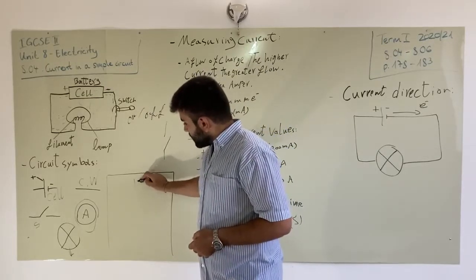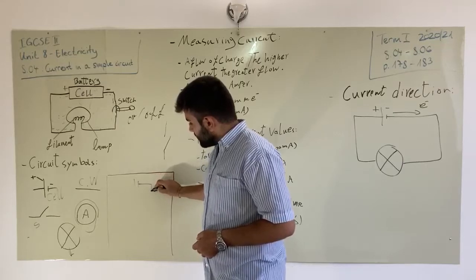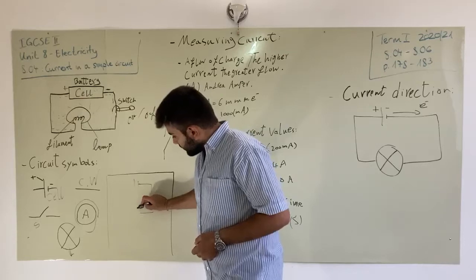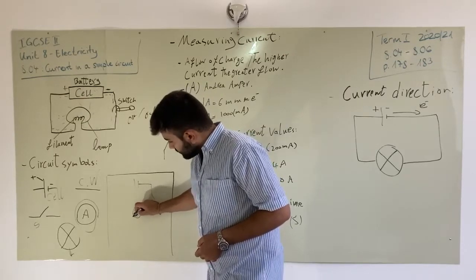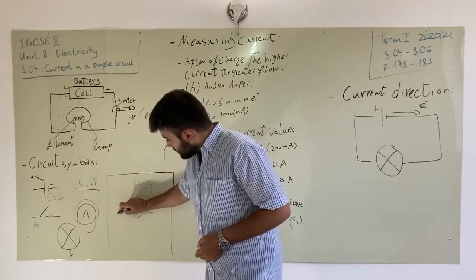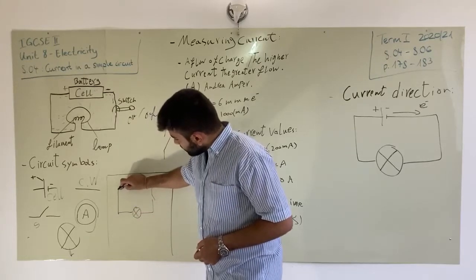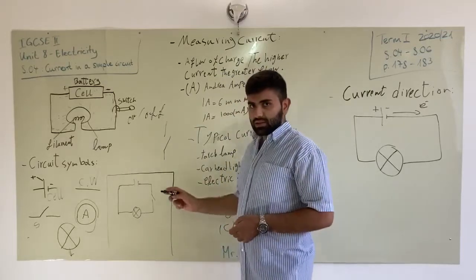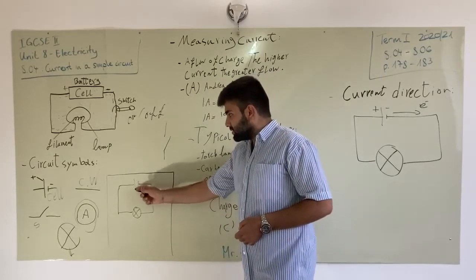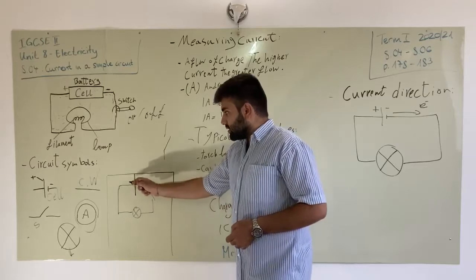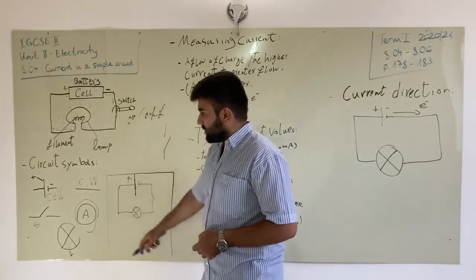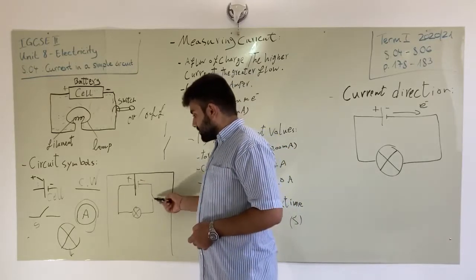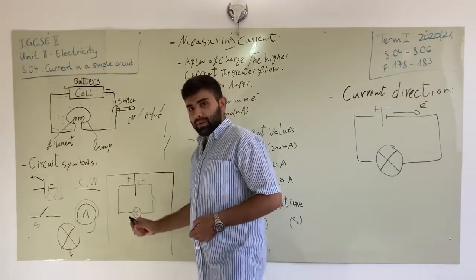We put the cell, then the switch, then the lamp, then you join them with connecting wires. Always notice that the long line is the positive pole, as you can see here, and the short line is the negative, where the electrons move. Okay, clear?